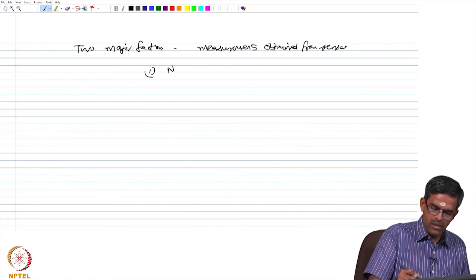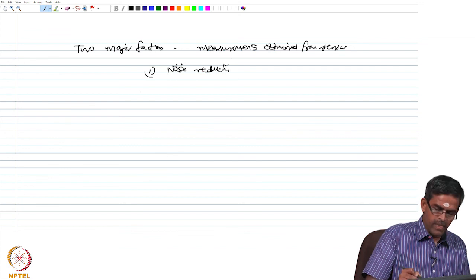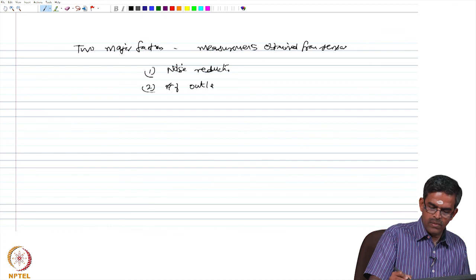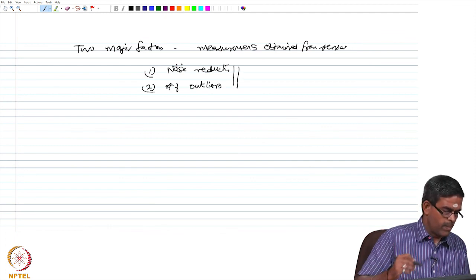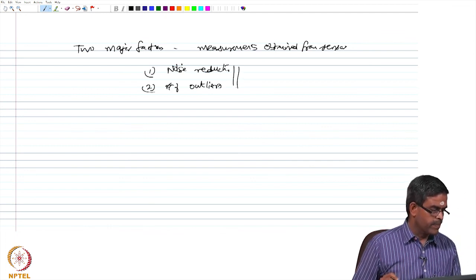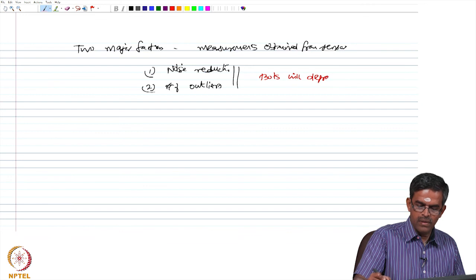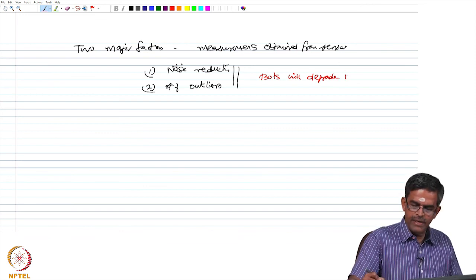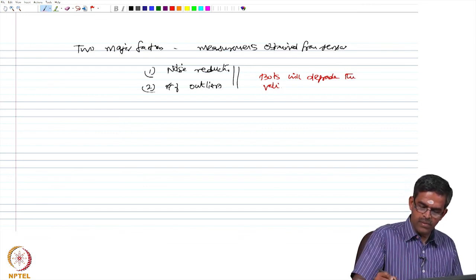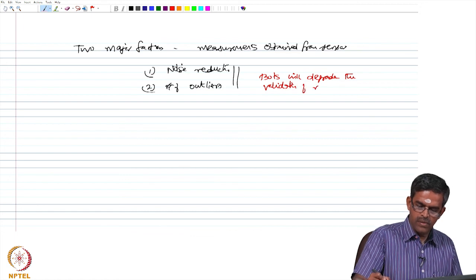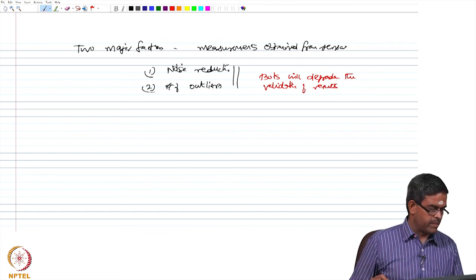One is the noise reduction and second is the number of outliers. Because both will degrade the validation of results. So, they should be checked.